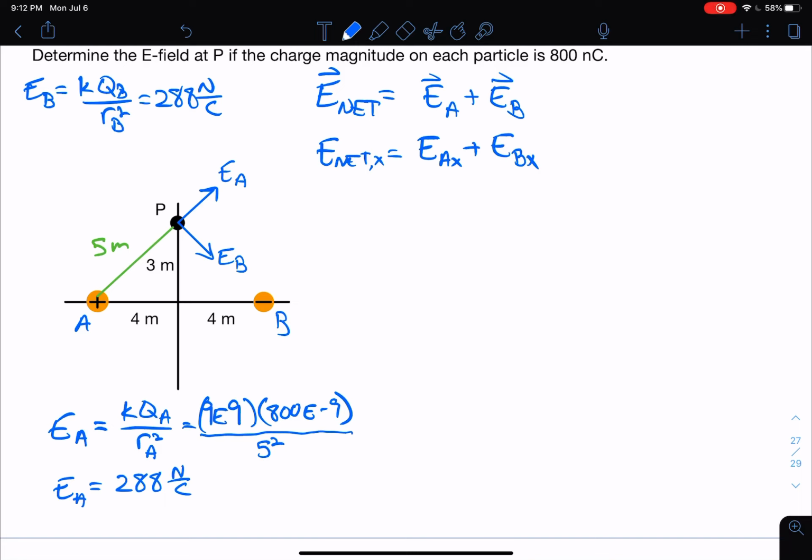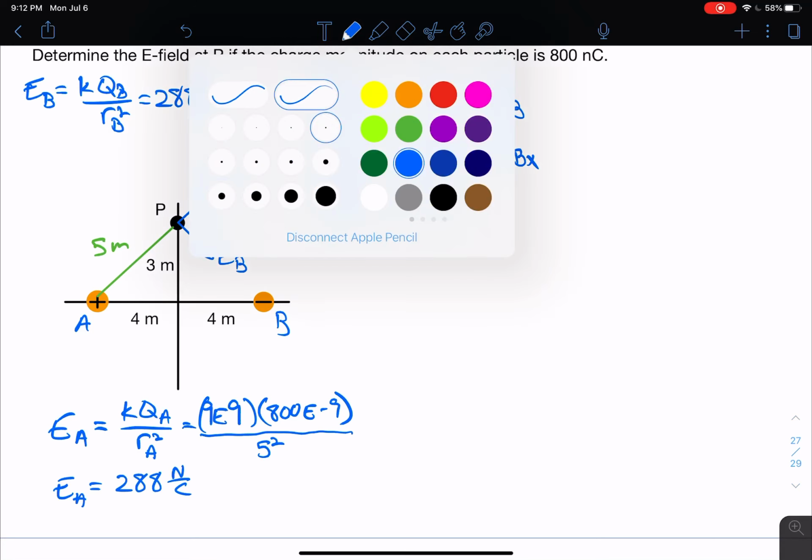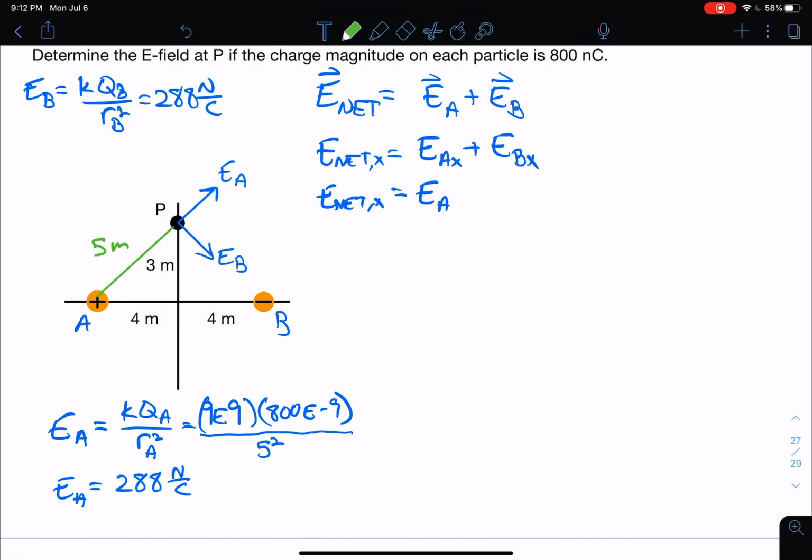The directions are different. So to get the net, I need to say E net x is going to be EA. Now I'm going to need an angle. So let's take the horizontal here.